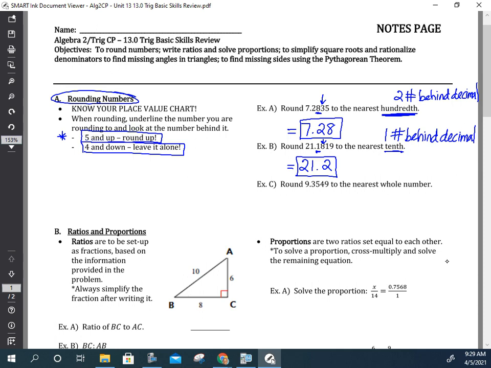Then example C. 9.3549 to the nearest whole number. The whole number is the first number in front of the decimal.